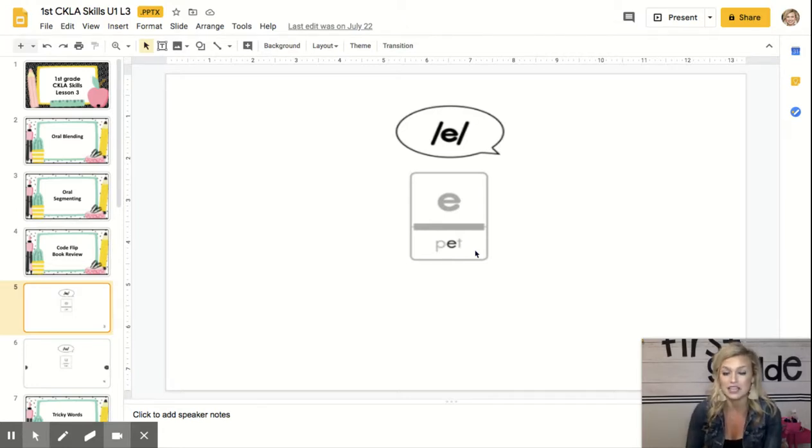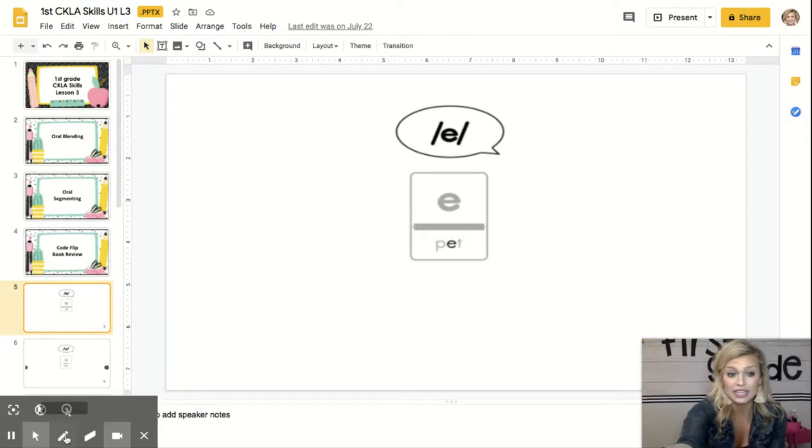We talked a little bit the other day about the power bar, and we said that this reminds us how common each spelling is. If the card is a very common spelling, that spelling power bar is going to be really long. If it's not very common, or I wouldn't see it very often, it's going to be really short or really small. So looking at this spelled E card, I can see that that power bar is really long, right?